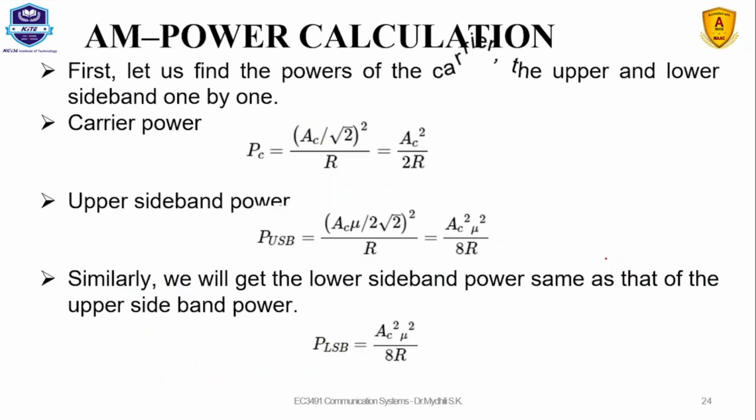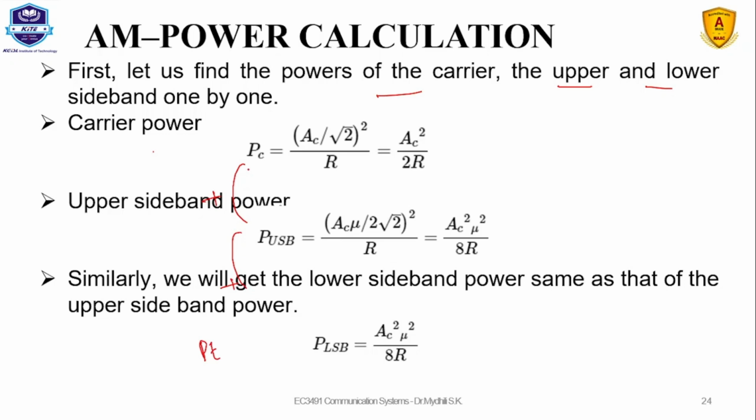So now before substituting it, we'll go in another way. Let us find the power of the signal in terms of carrier power, upper sideband power and lower sideband power, and finally adding all these together, we'll be getting the total power PT.